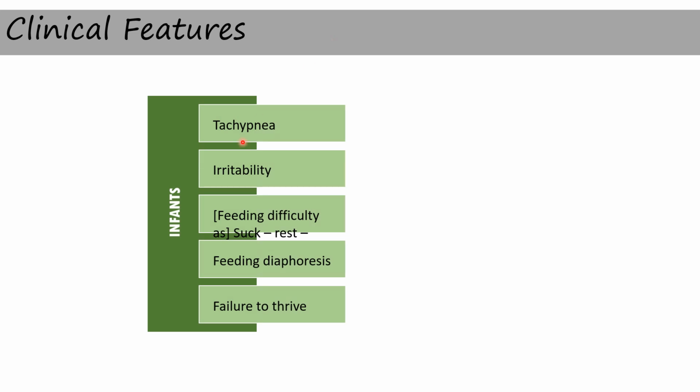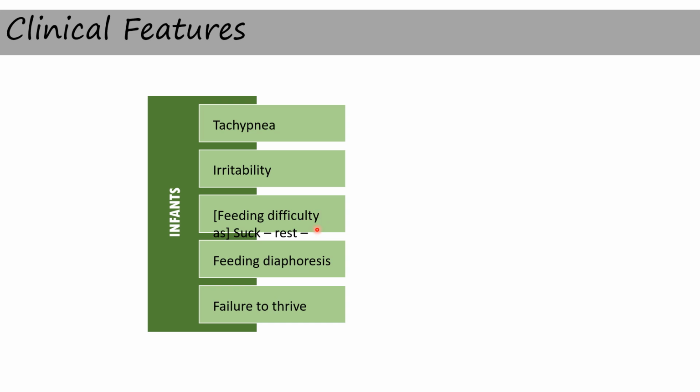So clinical features, basically the symptoms and signs, arise due to reduced cardiac output and or volume overload, and this may vary with age. Infants present primarily with tachypnea, irritability, feeding difficulty, which is manifested as the suck-rest-suck cycle.